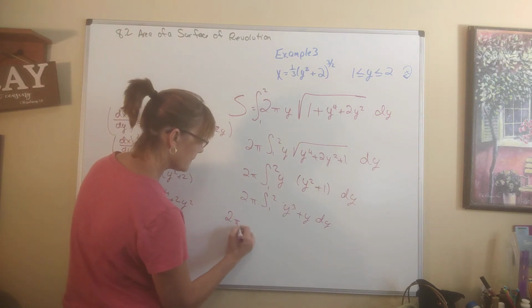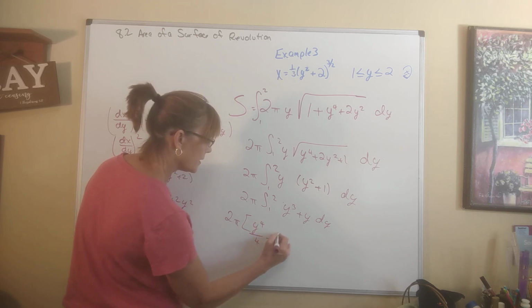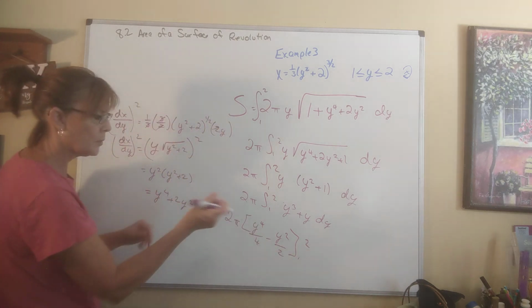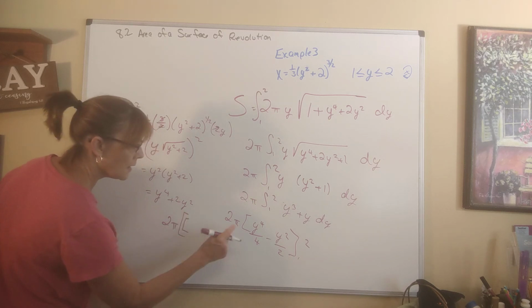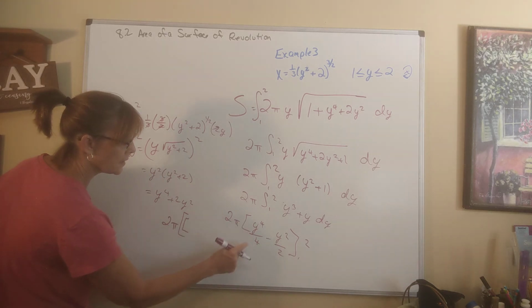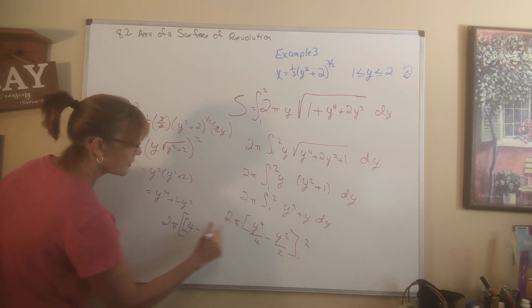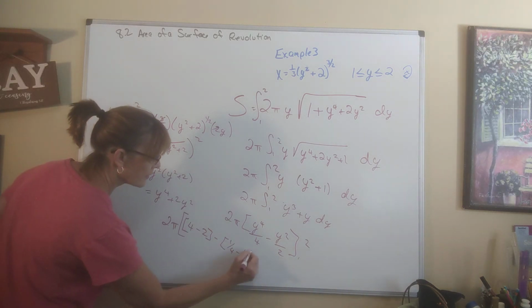This is 2 pi times y to the 4th over 4 minus y squared over 2, evaluated from 1 to 2. And when we put in our limits of integration, we get 2 pi times 2 to the 4th, which is 16, divided by 4 is a 4, minus 2 squared is 4, divided by 2 is a 2, minus, evaluated at 1, 1/4 minus 1/2.